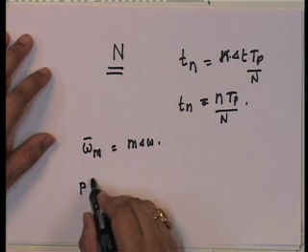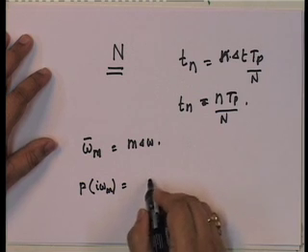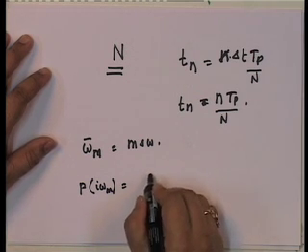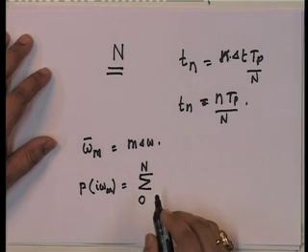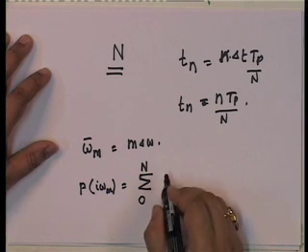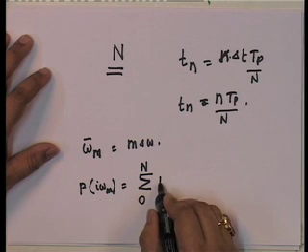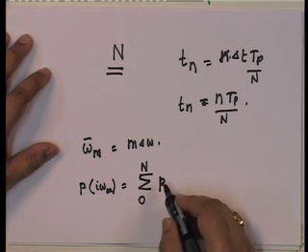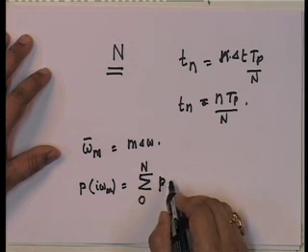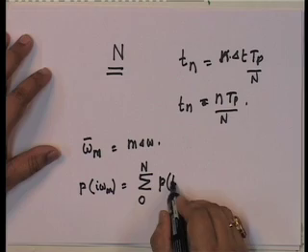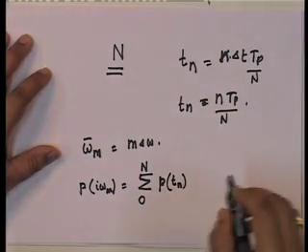So, I have a situation where P of i omega bar m is equal to, now doing the summation 0 to N, and what do I have here? I have P of Tn. Now, P of Tn is equal to Tn, where Tn is this, it does not matter.